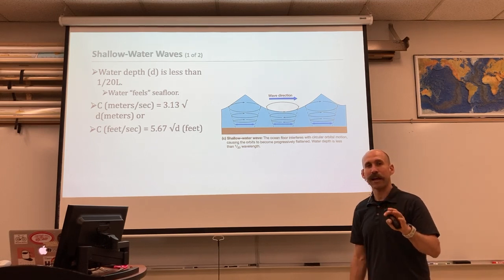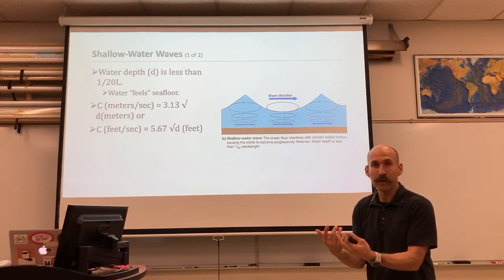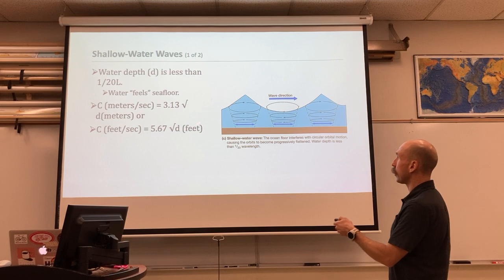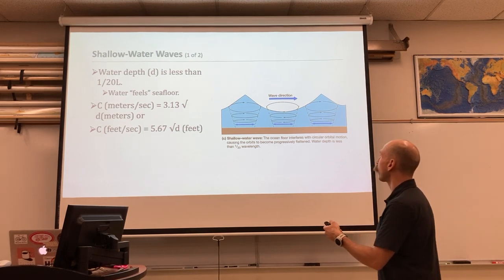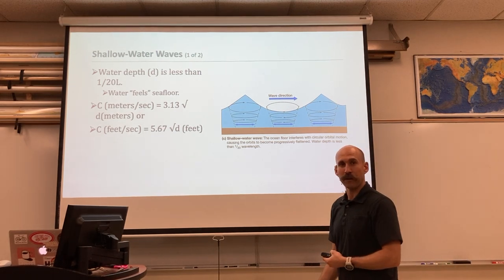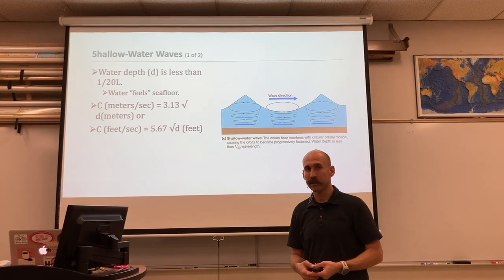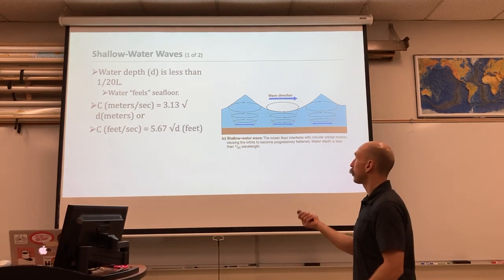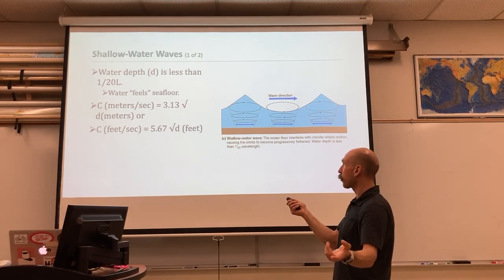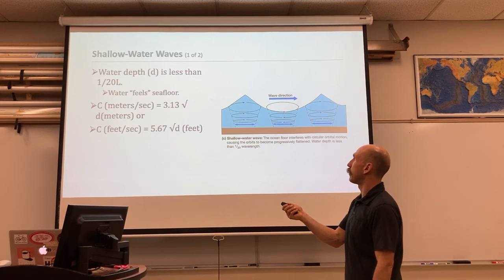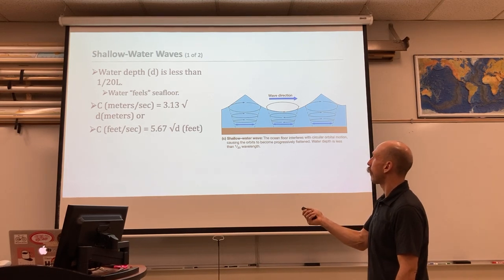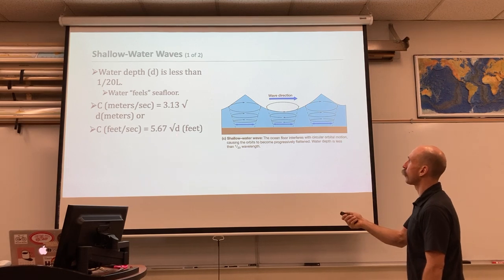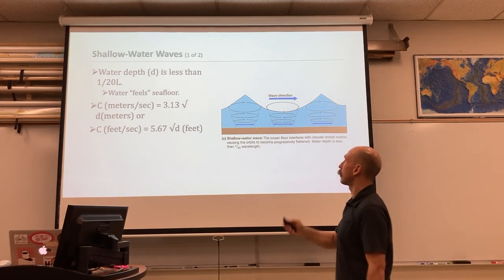Basically, this means that now the wave can feel the seafloor, and it changes the equations for how fast it's going. There's still characteristic speeds now that it feels the floor, but it changes into 3.13 times the square root of the depth, or for feet per second, 5.67 times the square root of the depth in feet.